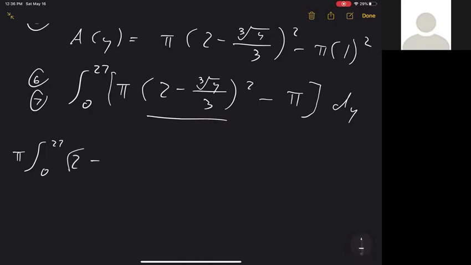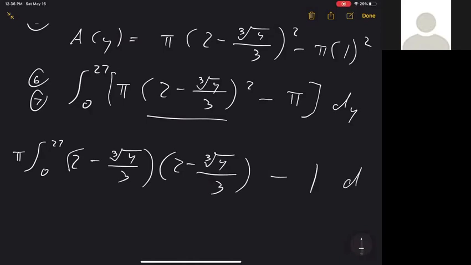Sometimes I need to write this stuff out to see how it squares, so don't be afraid to do that. I've pulled out a pi, so that becomes a 1. And then I'm squaring.